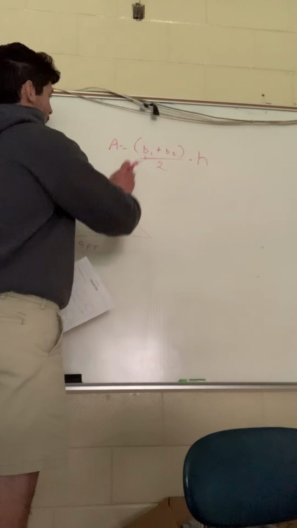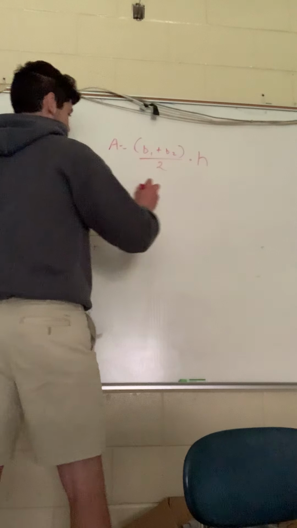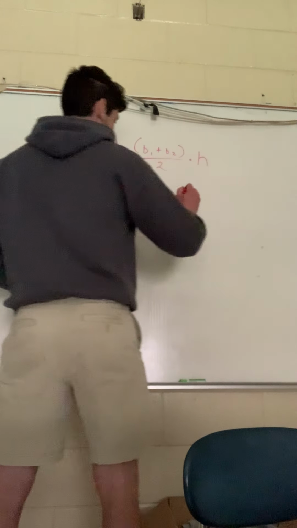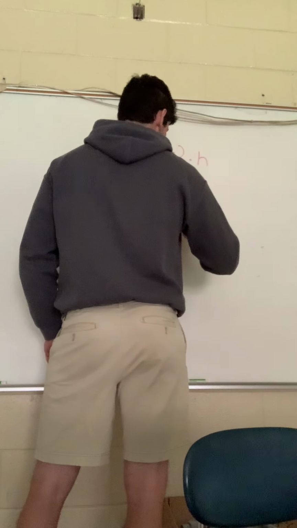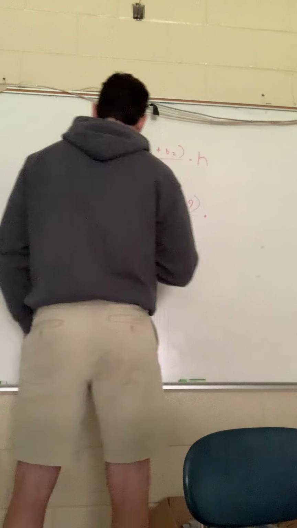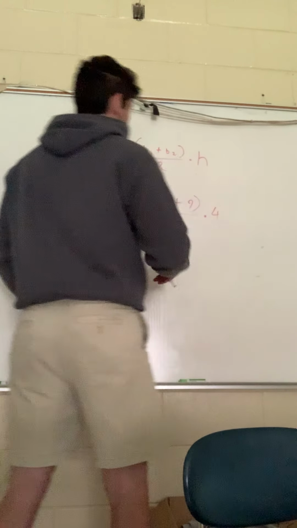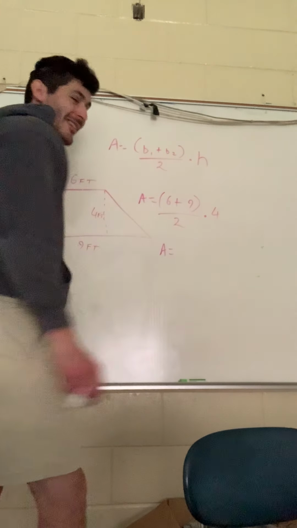So I can go ahead and plug it into my formula. My base 1 is 6. My base 2 is 9. Everything divided by 2 times the height, which is 4. 6 plus 9, that's 15. 15 divided by 2, 7.5.